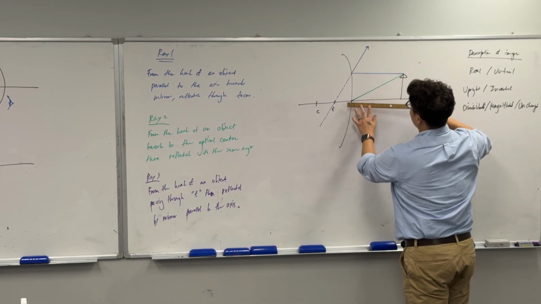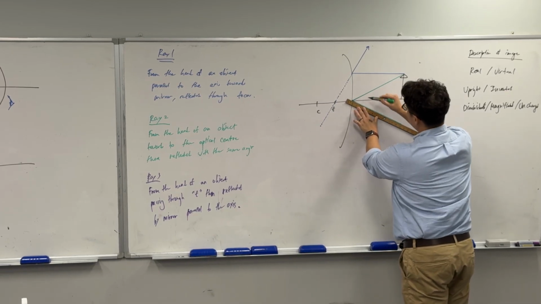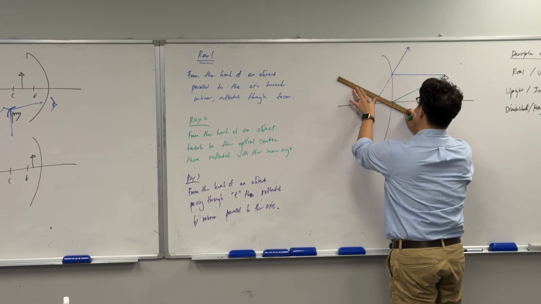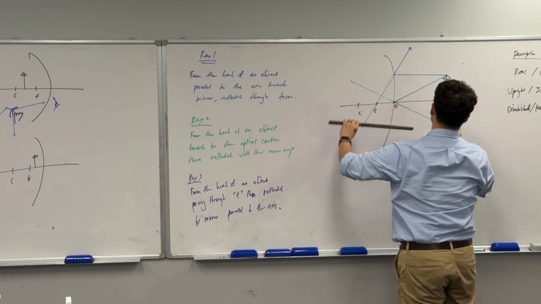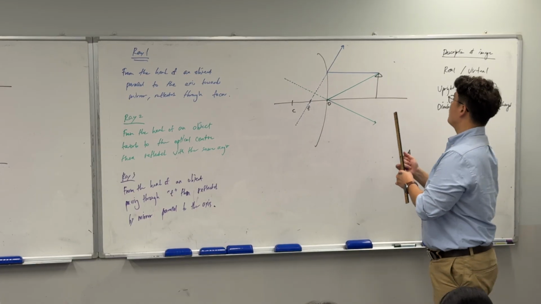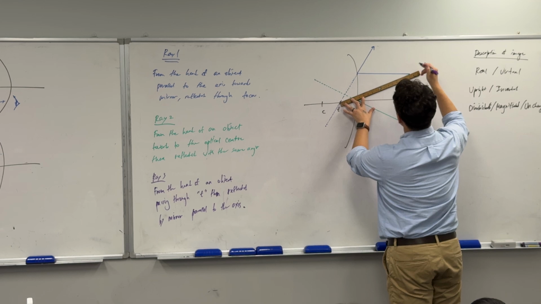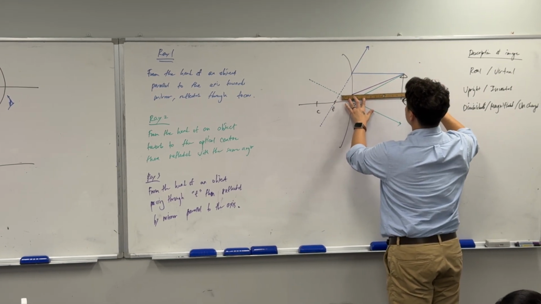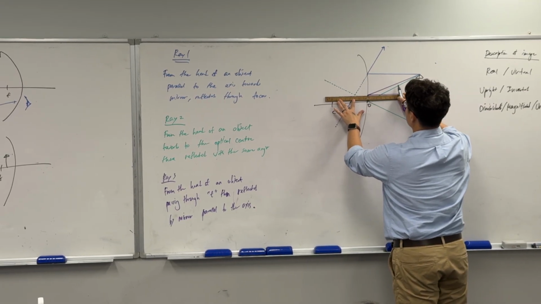Again, the reflected ray has the same angle as the incident ray, and we can connect this line backward to B. This is ray 2. Ray 3, from the head, is aimed at the focal point, goes up, and then gets reflected parallel to the axis.